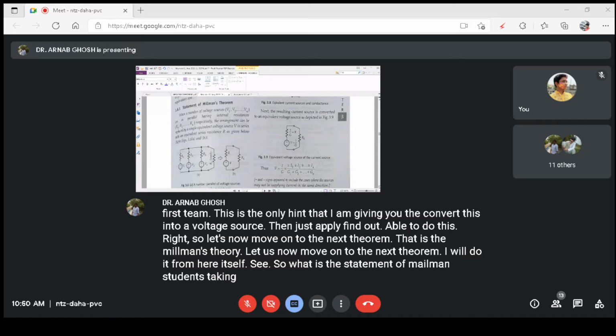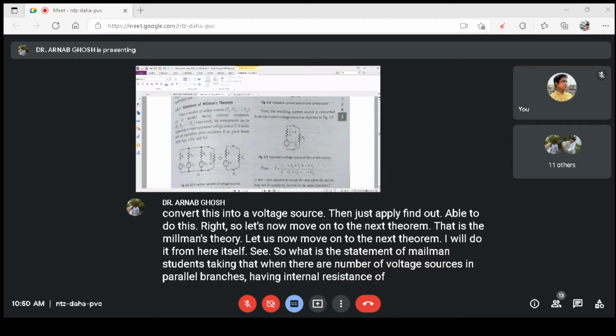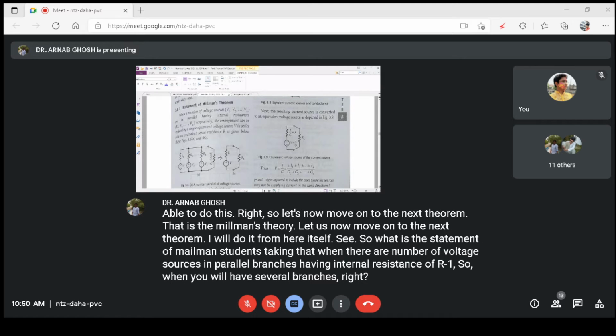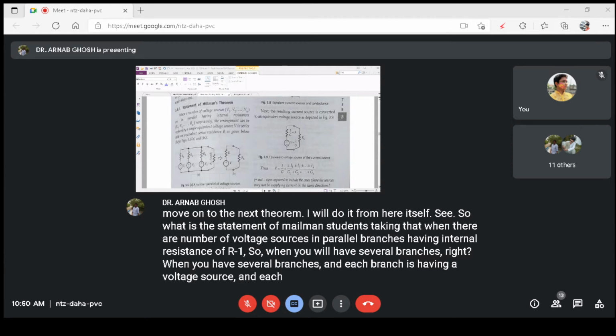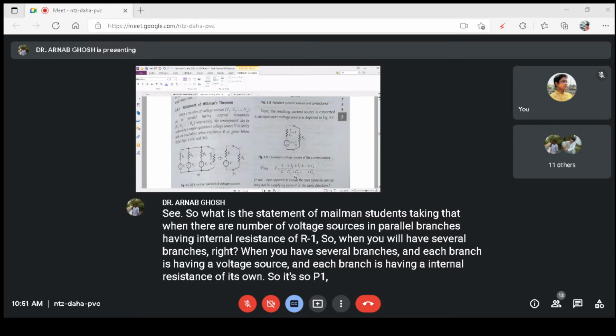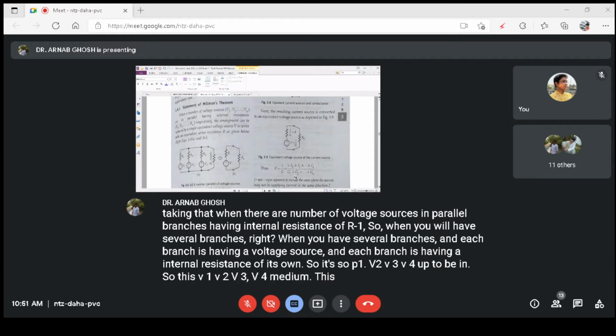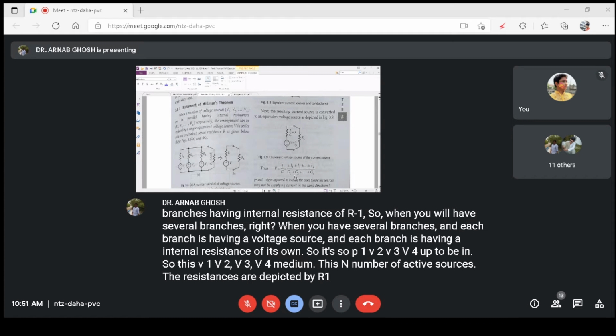That when sources are in parallel branches having internal resistances of R1, R2 up to Rn, when you have several branches and each branch is having a voltage source and an internal resistance, V1, V2, V3, V4 up to Vn, these n number of active sources, and the resistances are depicted by R1, R2, R3 up to Rn.